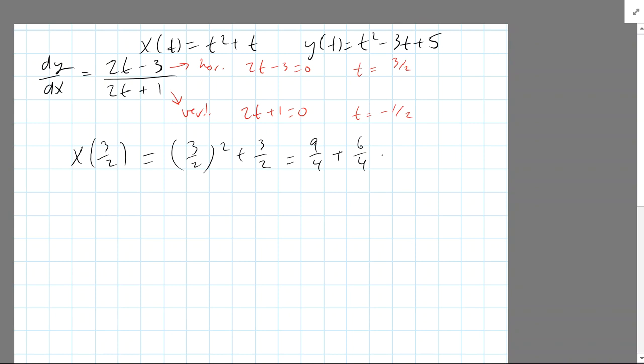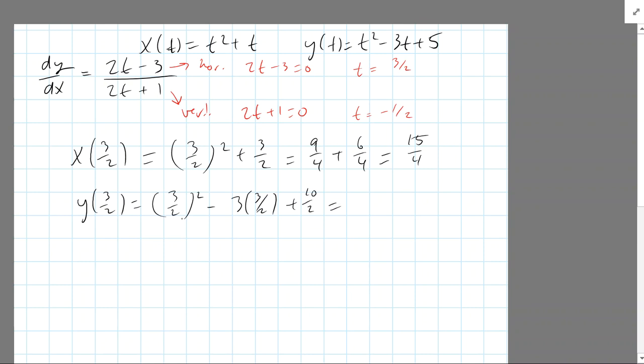Yes? Which is 15/4. And my y of 3/2 is equal to 3/2 squared minus 3 times 3/2, and then plus 5, which I'm going to change to 10/2.